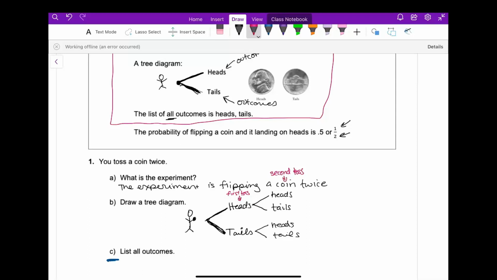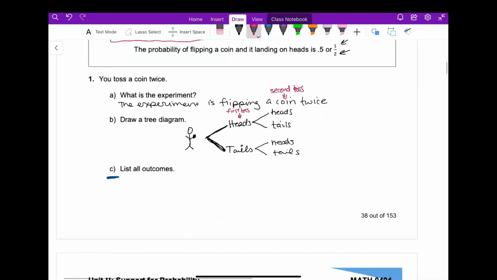All right. A tree diagram is essential. It helps you picture the outcomes, and the outcomes is actually the really important part. So the tree diagram helps us picture so that we can put all of our outcomes together. So what are our outcomes? Our outcomes follow a branch. Okay, so let's draw it like this. An outcome is all the way to the end.